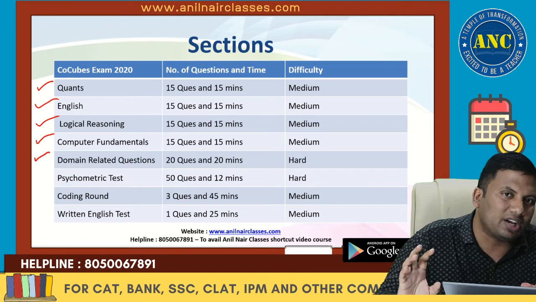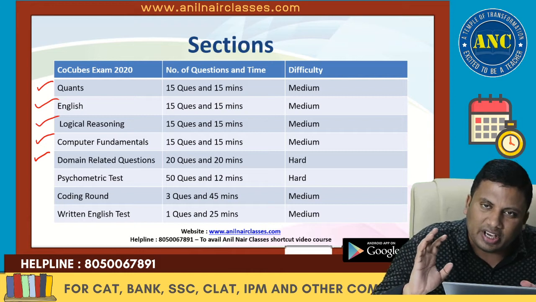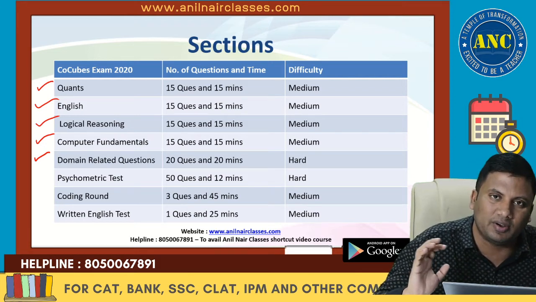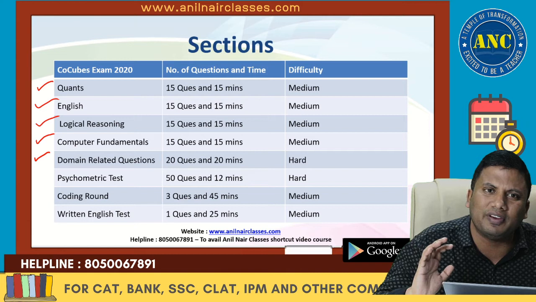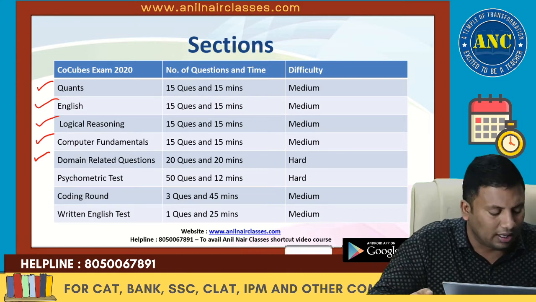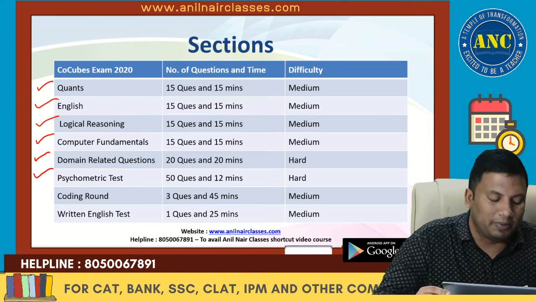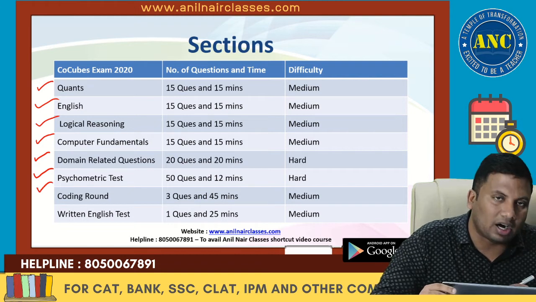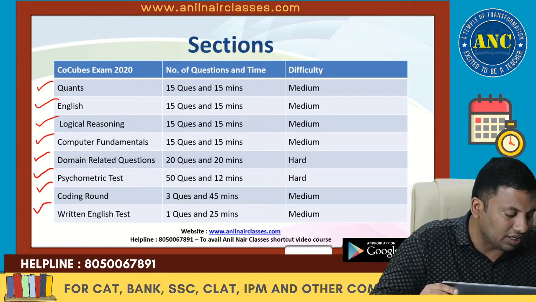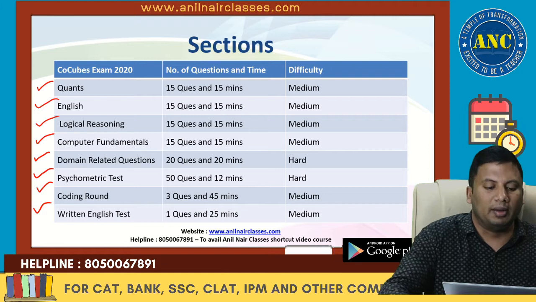And there is a psychometric test which will check your personality under various situations. They're all very easy questions on how you respond to a particular situation. Then there will be a coding round, and they are also focusing on written English ability.